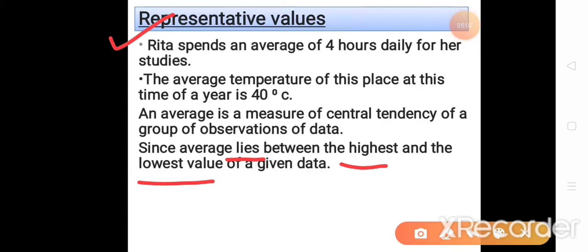So at that point of time, the average time, which is 4 hours daily, lies between both the highest as well as the lowest data. And when we say the word average, we always mean that it is not the accurate value, but it is almost closer to the accurate value of the data collected.